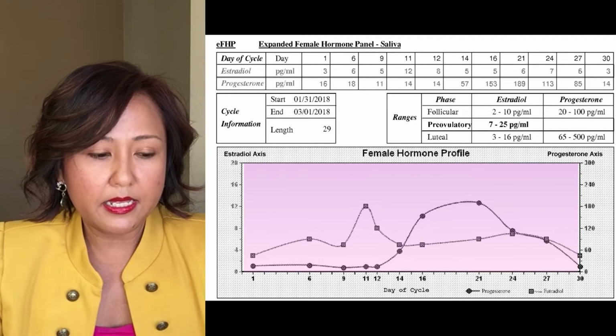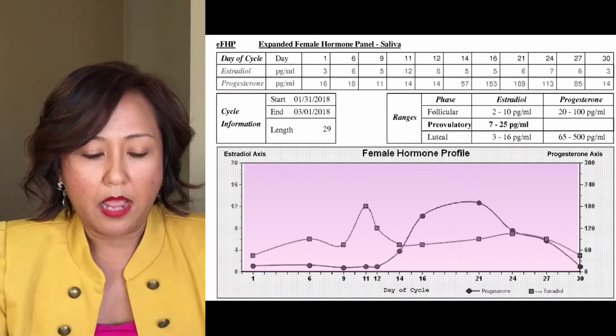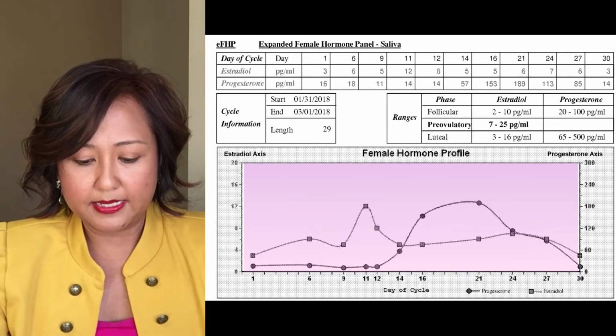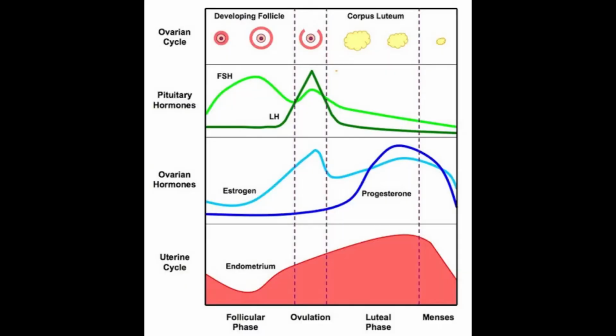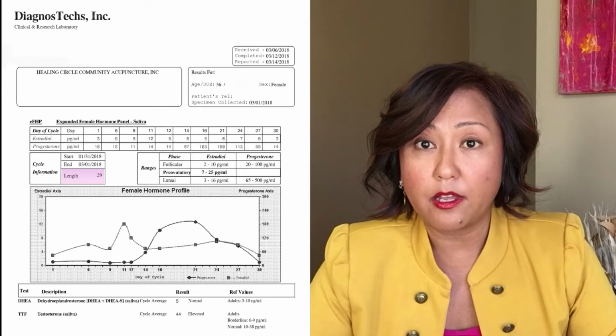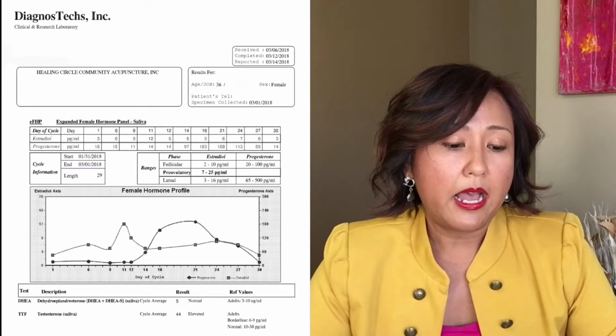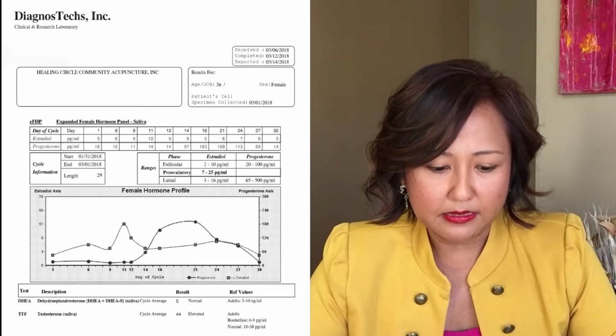By looking at her graph, some parts of her graph are not looking as nice as the classic textbook graph, and that's not uncommon. This patient of mine actually had a cycle length of 29 days, which is really nice. It's not a super short cycle and it's not a terribly long cycle.